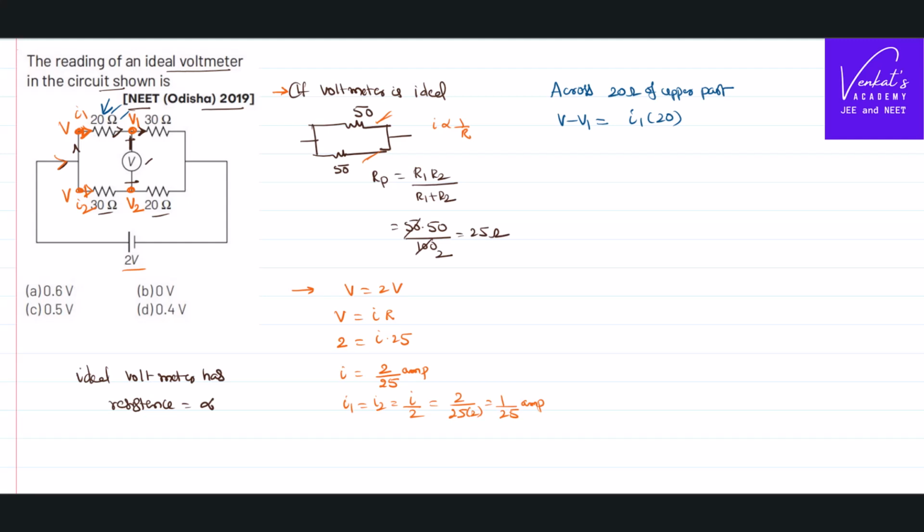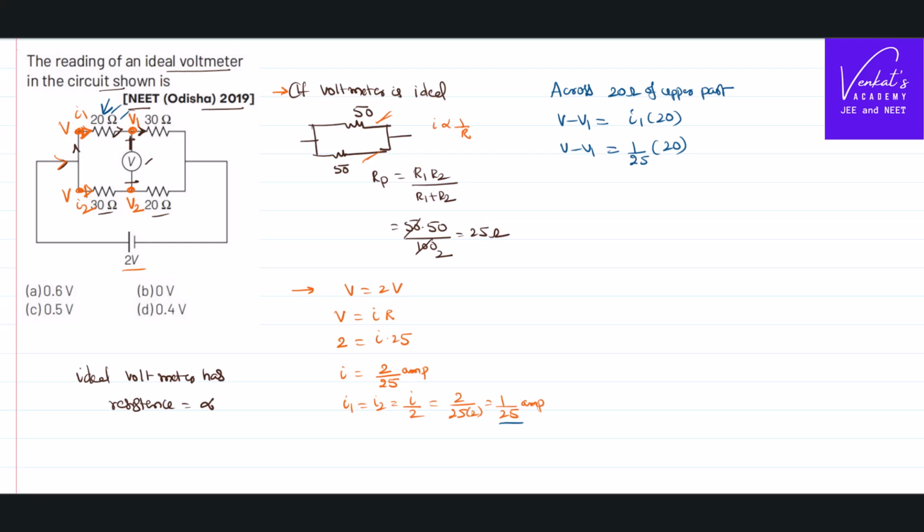So V minus V1 is I1, equal to 1 by 25 times 20.